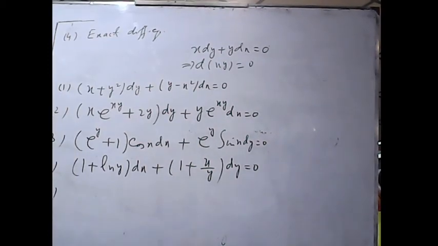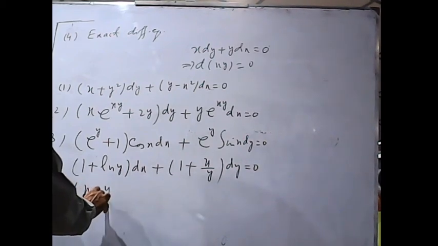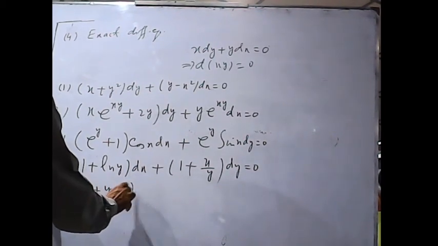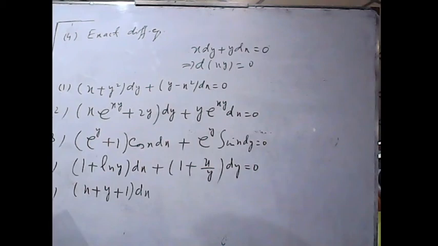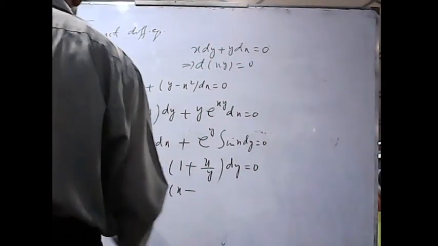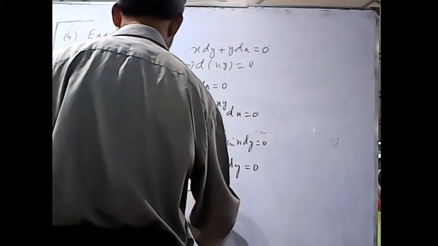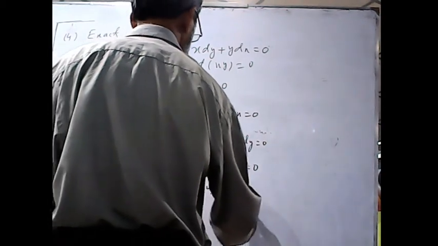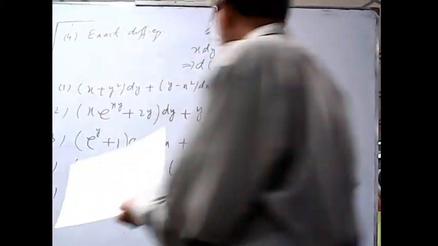Then question number 5: (x + y + 1) dx, then (x - y² + 3) dy equal to 0.